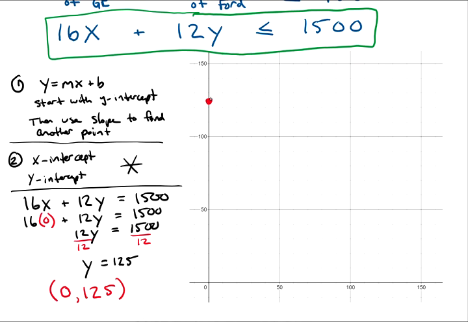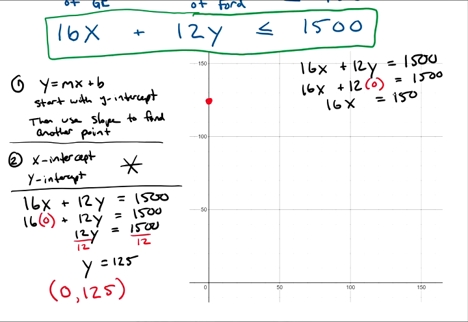We're running out of room here, so let's come up over in this area. Now let's do the same thing. We have 16x plus 12y equals 1500. Let's plug in 0 for y and solve for x. Just do the opposite. 16 times x plus 12 times 0 equals 1500. So 16 times x equals 1500.